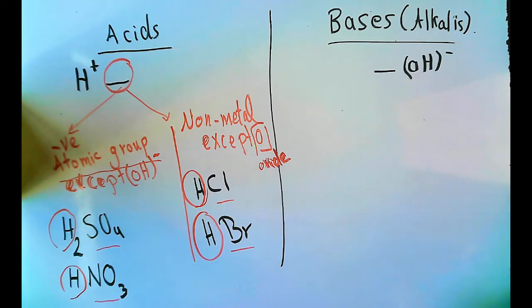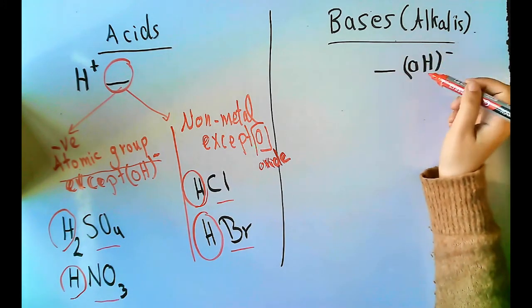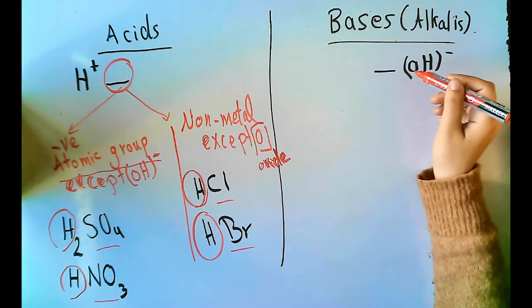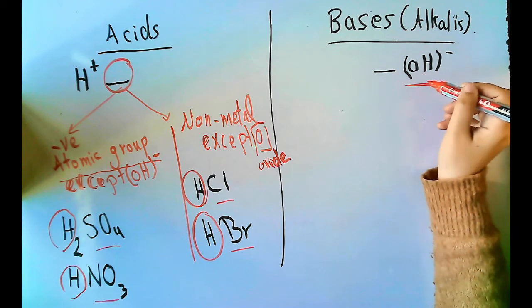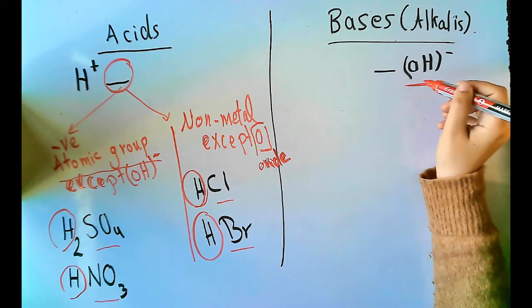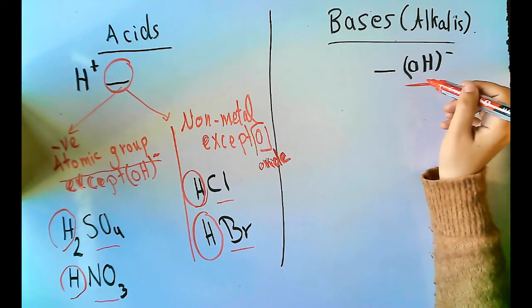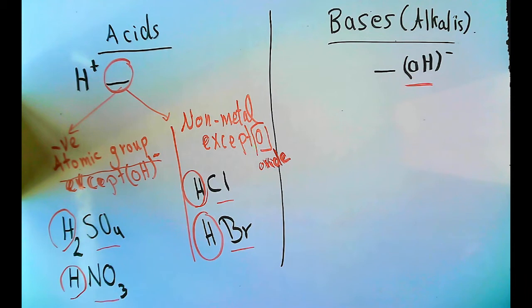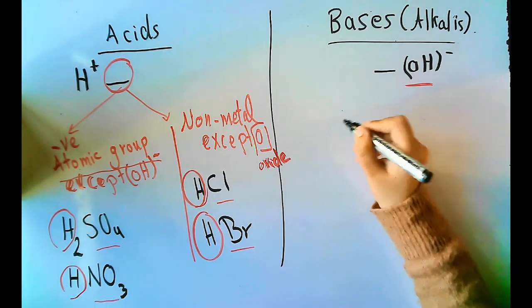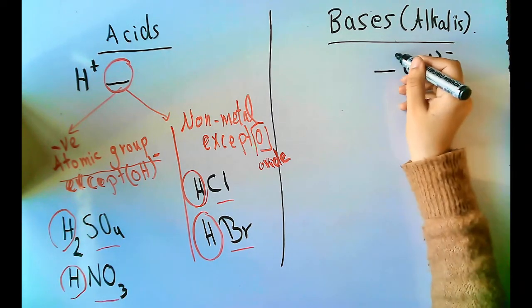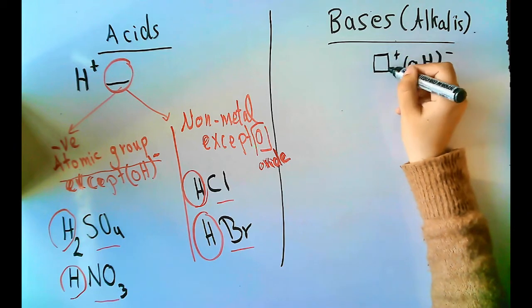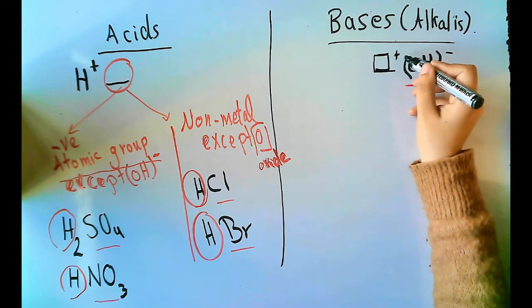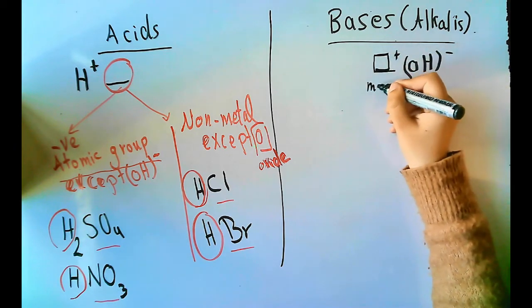Now bases are substances which dissociate in water producing negative hydroxide ion. And the chemical formula of all bases ends with negative hydroxide ion. For example sodium hydroxide. The hydroxide is negative, so the element at the first is positive, which is always a metal.